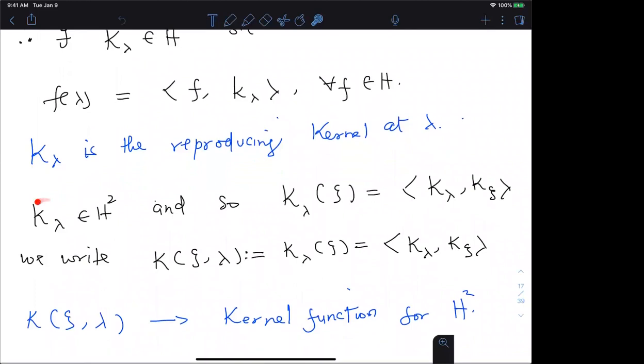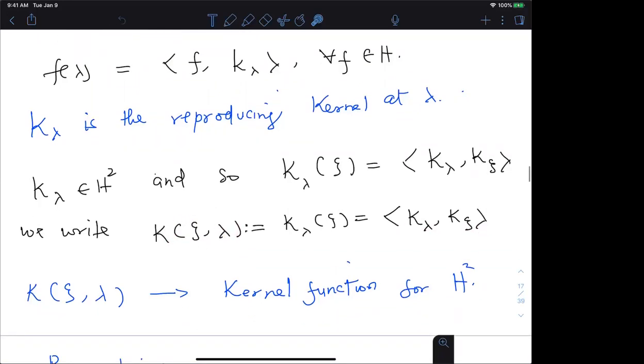Since the kernel itself is an element of H2, it means that the kernel at lambda, the reproducing kernel at lambda, evaluated at an element ξ can in turn also be written as an inner product. So because of this, we give it a notation: k(ξ, lambda), the kernel at lambda evaluated at ξ, to be this inner product.